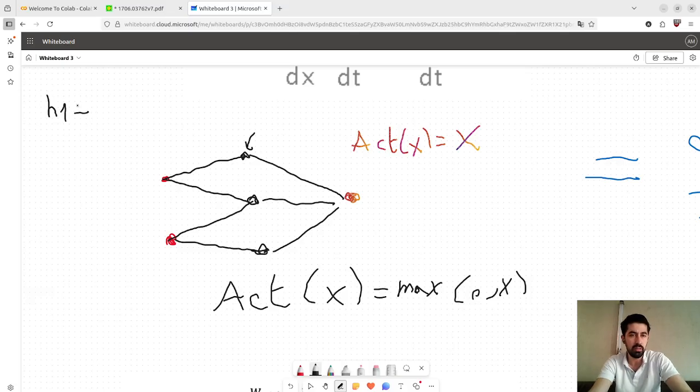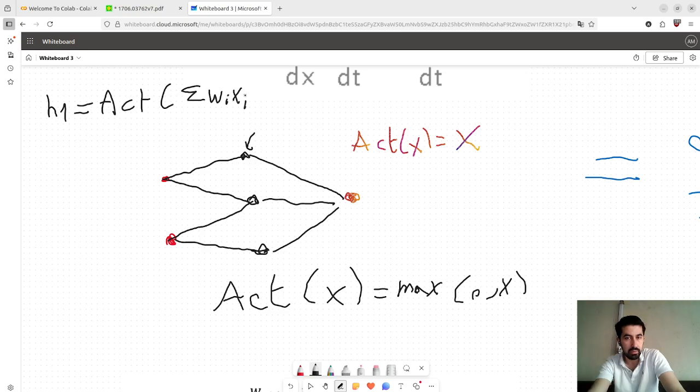So H1 is equal to the summation of Wi xi plus bi, but after we do this process, we do our activation function. So it's the activation function of summation Wi xi plus bi.